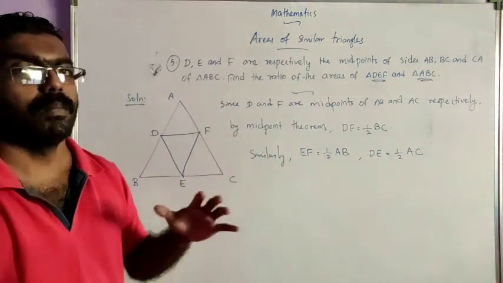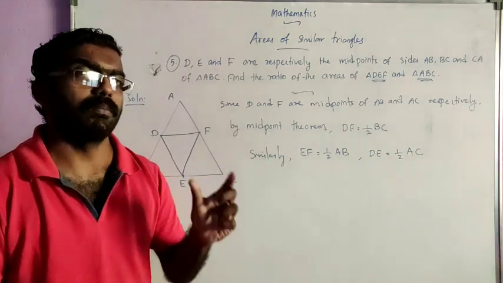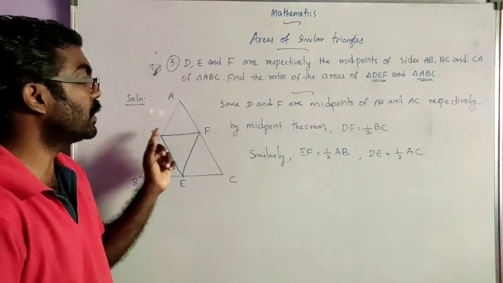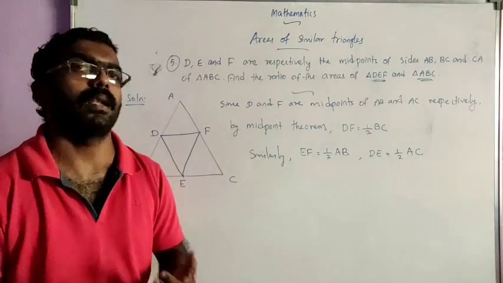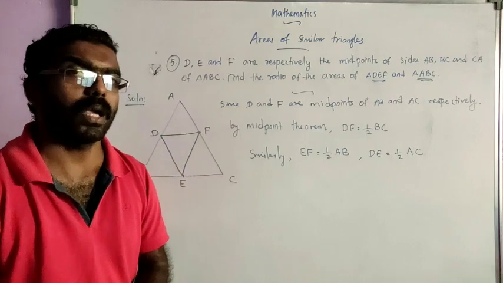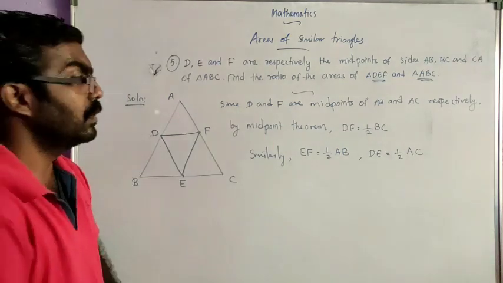I repeat, by midpoint theorem, the line segment joining the midpoints of any two sides of a triangle is parallel to the third side and half its length. By using that theorem, we write these many things.